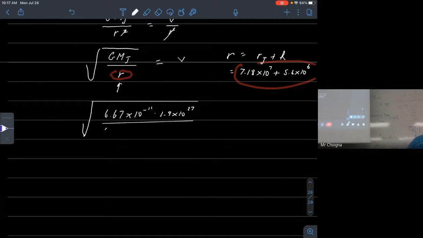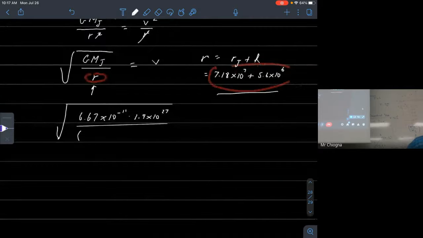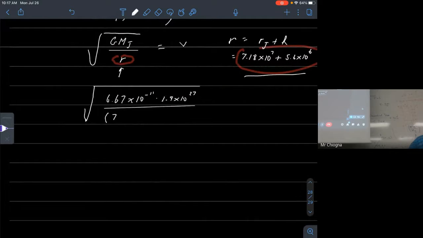Over, we can put it in brackets, this here, 72 million meters. It's also pretty wide. The Earth is in the millions of meters; Jupiter is in the tens of millions of meters.